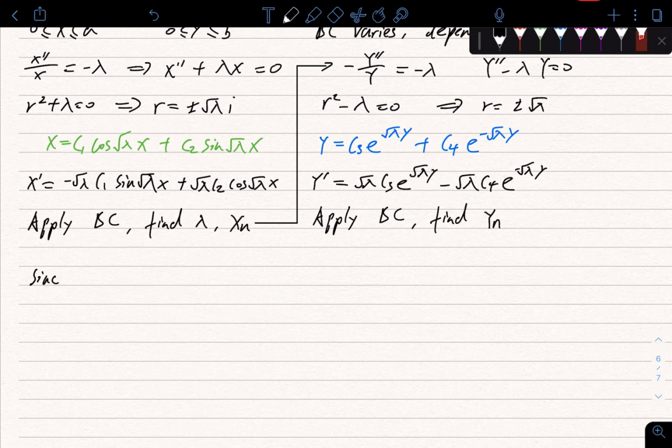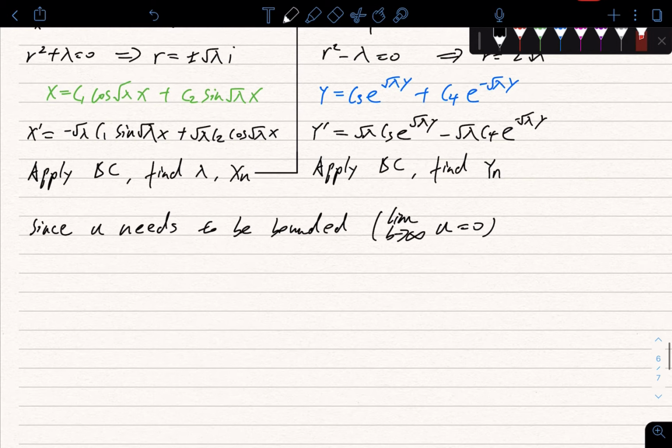Since U needs to be bounded, that means the limit as b approaches infinity of U equals 0.